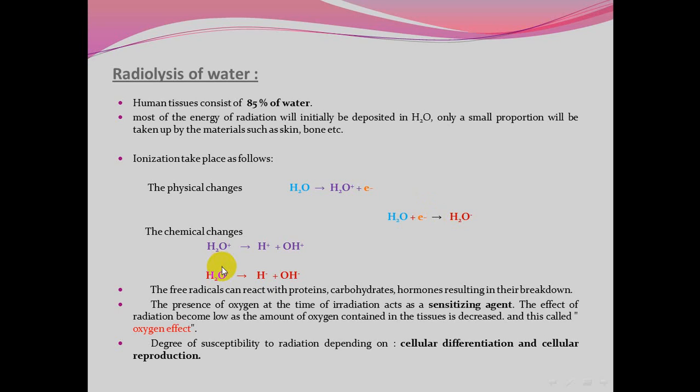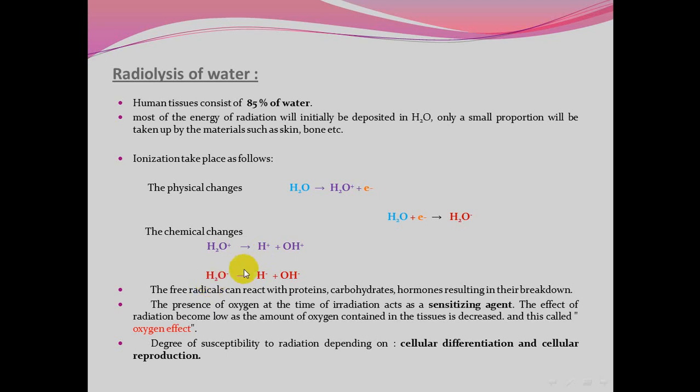When this unstable molecule undergoes radiolysis to reach a more stable state, it will break into H positive and OH positive. The second molecule, which captured the electron, is also unstable and will undergo radiolysis to become more stable, breaking into H negative and OH negative.